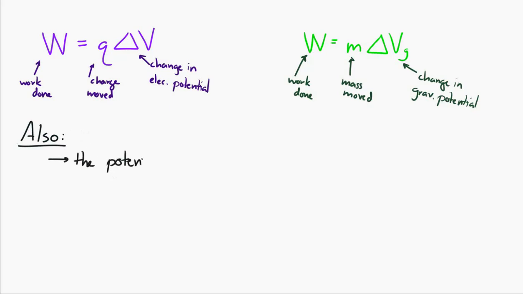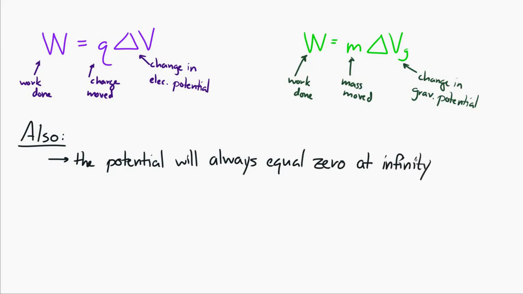Now, another thing about the potential is it will always, always, always equal 0 at infinity. It's defined that way, so that the potential always equals 0 at infinity. And the reasoning behind that is if you're really, really far away from all other things, in other words, if you're at infinity, then you shouldn't be affected by that thing.